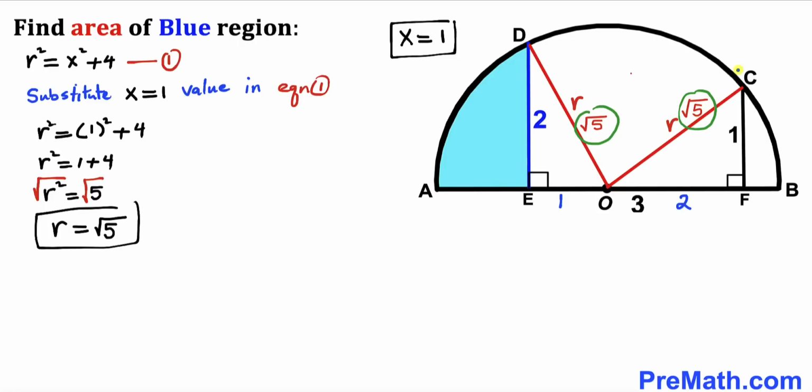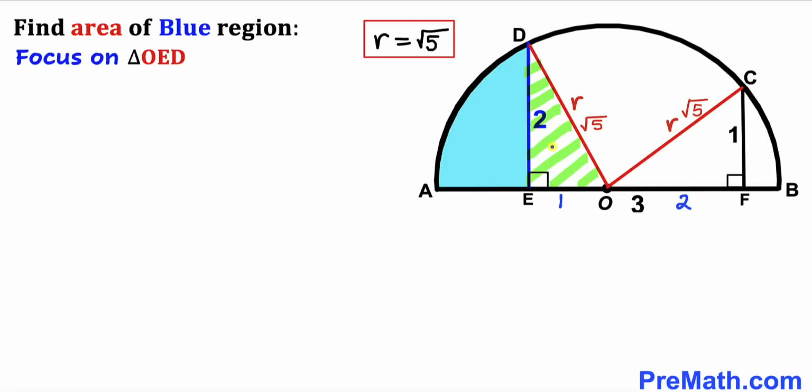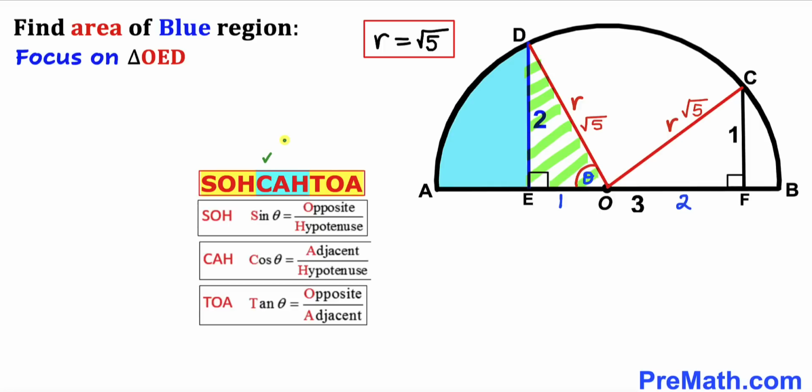Likewise, this radius is square root of 5 as well. Now let's focus once again on this right triangle OED. Let me call this angle theta over here. Let's recall SOHCAHTOA. We are interested in tangent of theta equals opposite divided by adjacent. In our case, the opposite side is 2 and the adjacent side is 1.